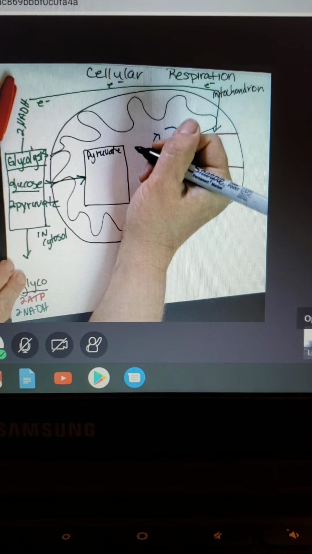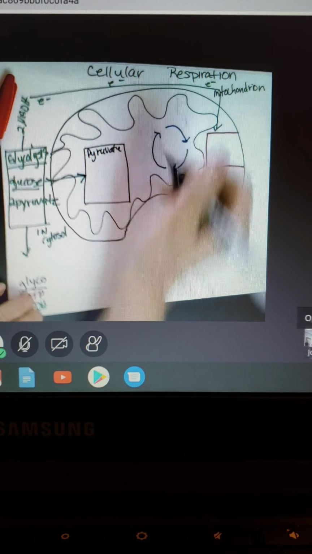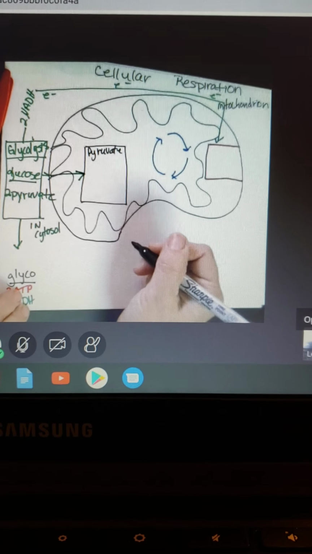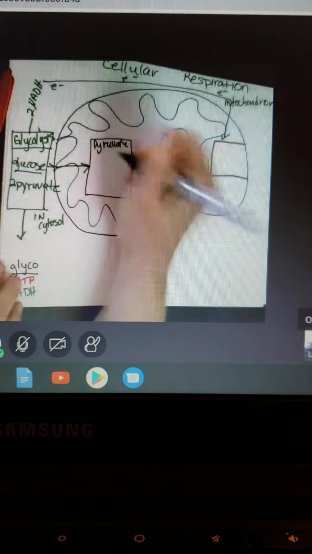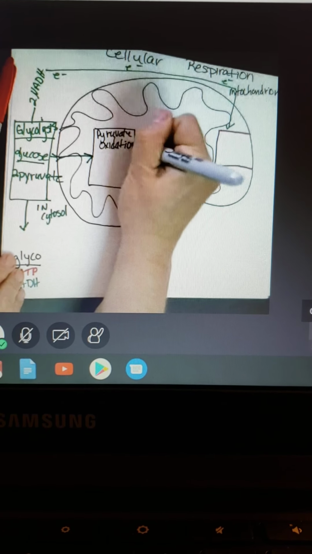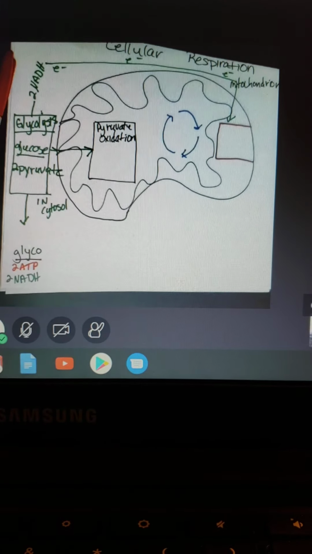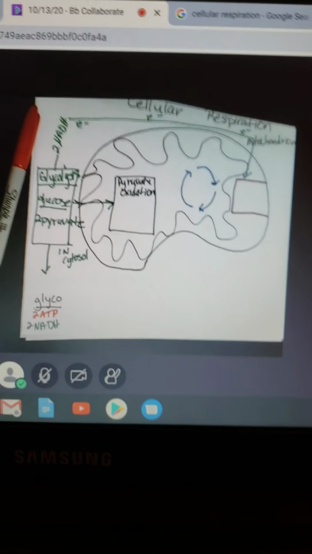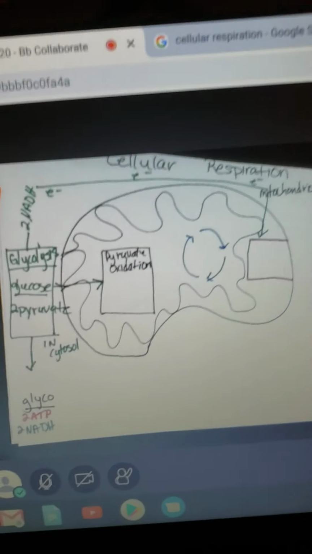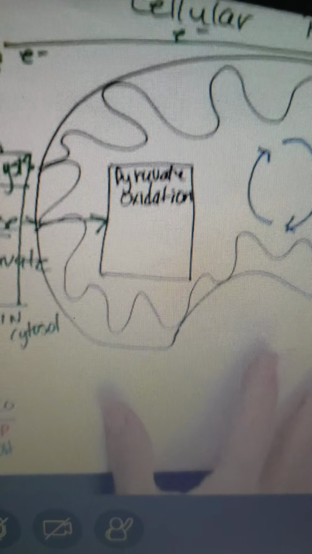I gave y'all an acronym, oil rig. Did we go over oil rig? I'm pretty sure we did. Oxidation is loss and reduction. Y'all need to write that down if you don't have it written down because it's really important. You need to understand oxidation, reduction, reactions, which I know we've talked about.